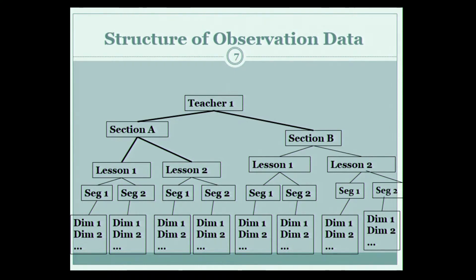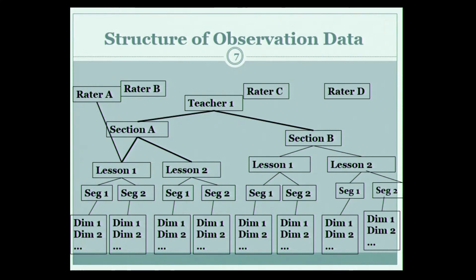And so we have a fairly complex hierarchical structure, but this structure actually turns out to be cross-classified in a lot of ways as well. One of the ways is that if you look at the raters, what we see is that raters generally rated entire intact lessons, and they rated multiple lessons from different teachers. And so now you have this cross-classified structure. You have lessons being nested within a section, but also concurrently being nested within another, independent hierarchical unit, which is raters.